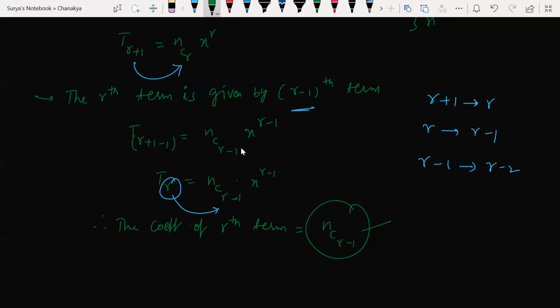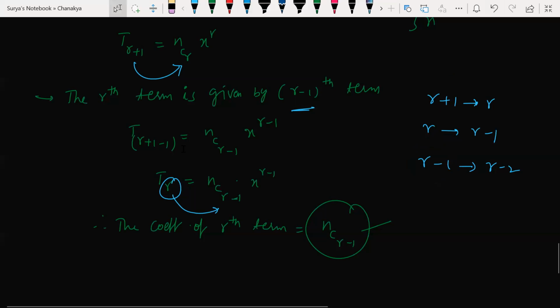Here I'm subtracting 1, so if I subtract 1 here, I'll be left with r. Here I have r minus 1; if I add minus 1, it gets r minus 2. All right. Understood my point? Clear or not?